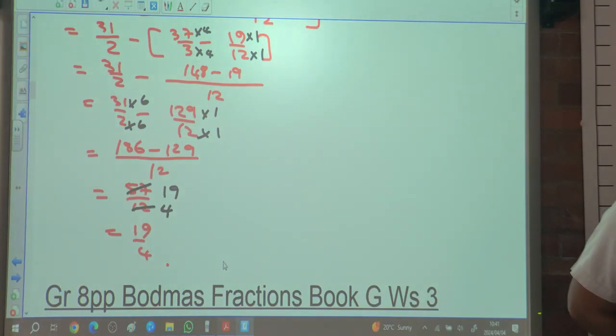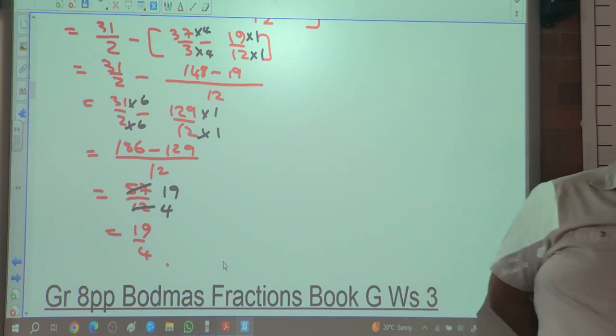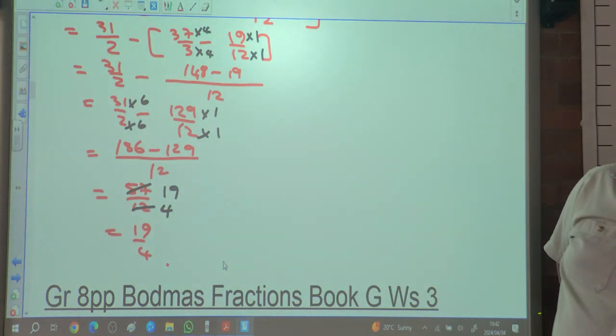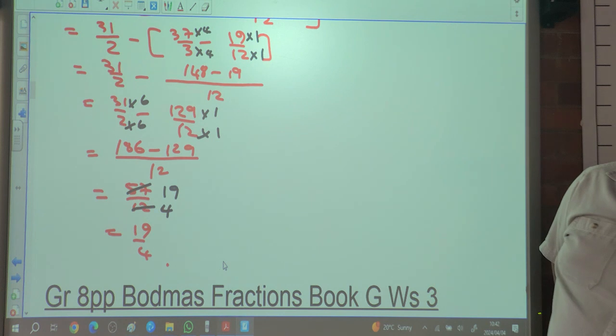Will it be your handwriting? Let me see how you wrote it. Sir, I wrote 17. Let me see how you're working out. Yes, Michael? Sir, I got 57 over 12, but I didn't simplify it into 19 over 4, I simplified it into a mixed fraction. So you got 4 and 3 over 4.